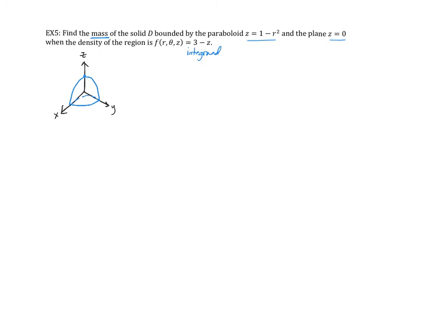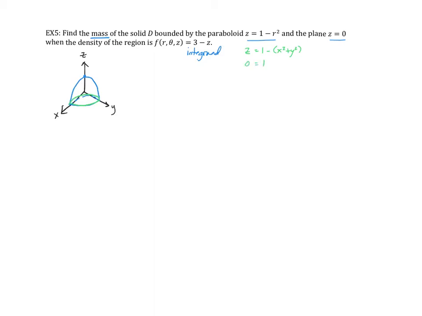And if you're not sure about that description, then go ahead and replace the r squared with x squared plus y squared and graph it like you normally would. So remember, we're looking at what this shape is in the xy plane. That would happen when z is equal to 0.